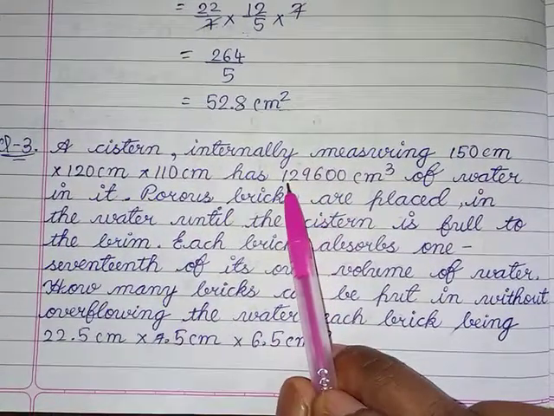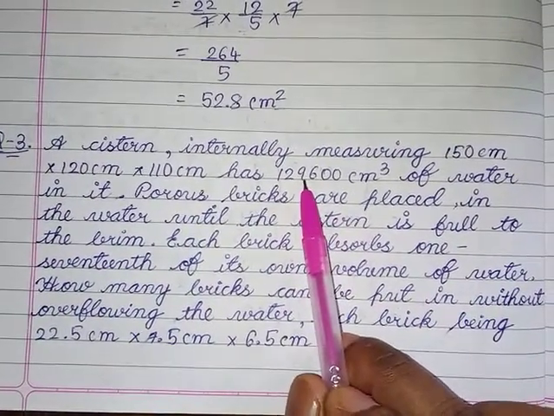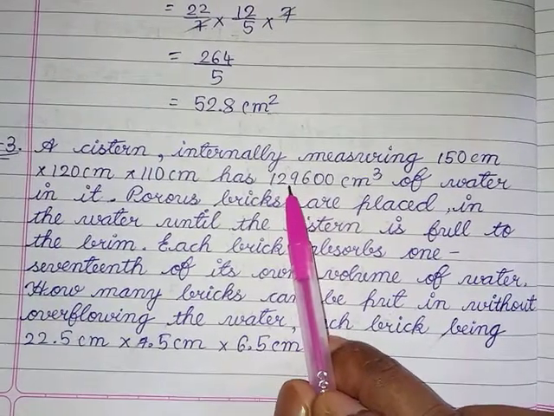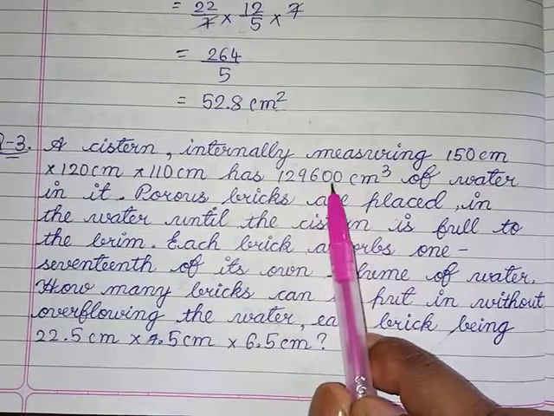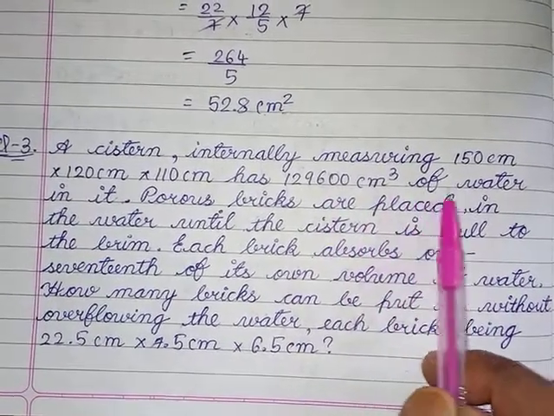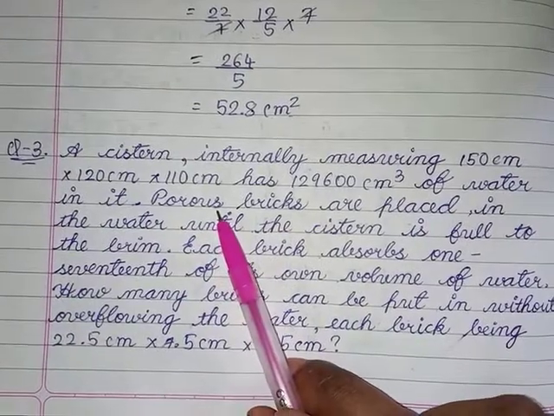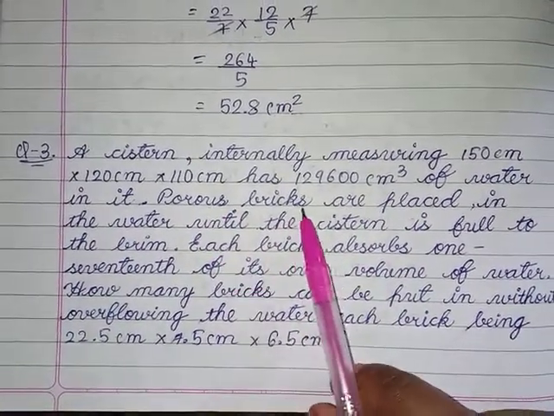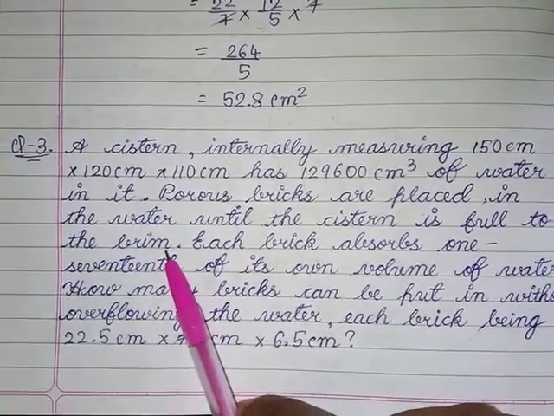In that, how much water is there? 129,600 centimeter cube of water is in it. Now what we are doing is that porous bricks are placed in the water until the cistern is full to the rim.